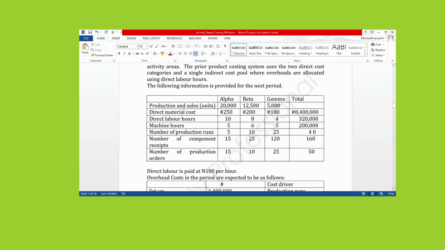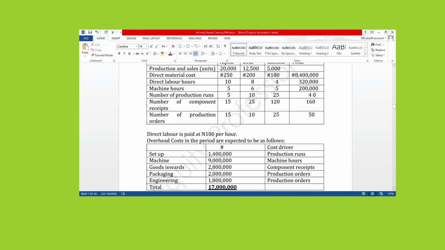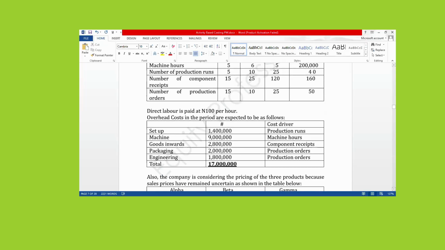Next, direct labor is paid at 100 naira per hour. Overhead cost in the period are expected to be as follows. The overhead cost includes setup overhead, machine overhead, goods inwards, packaging overhead, engineering overhead.